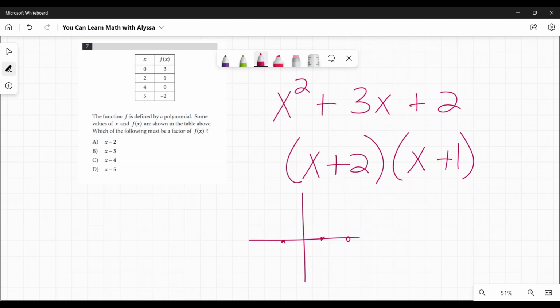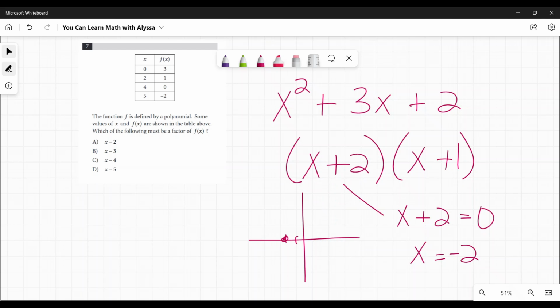That's what those are called, where they cross the x-axis. You're going to factor it, and you're going to say, where do these individually equal 0? So if x plus 2 were to equal 0, x would be negative 2. So it's going to cross at negative 2.